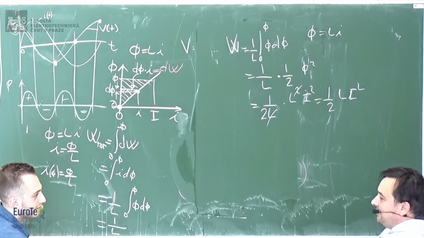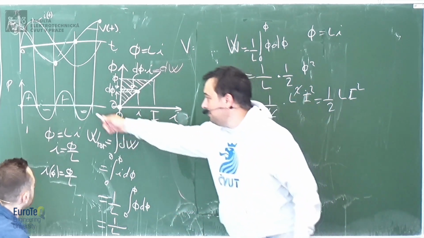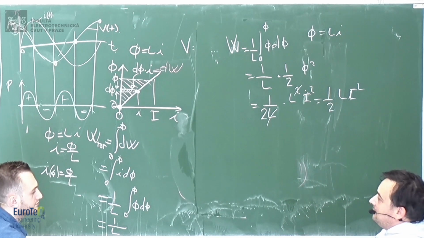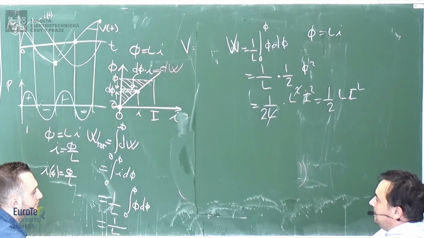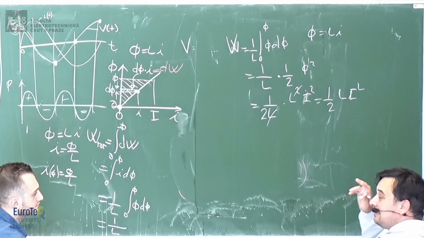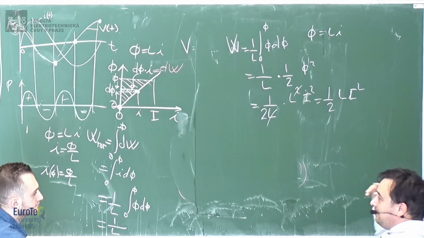But as a matter of fact, you can get energy in and get energy out. And you see it mathematically here. There is some power going inside, there is some power getting outside. Maybe if you watch the transient, it's going to be easier to see. There's this idea that you can charge up an inductor.